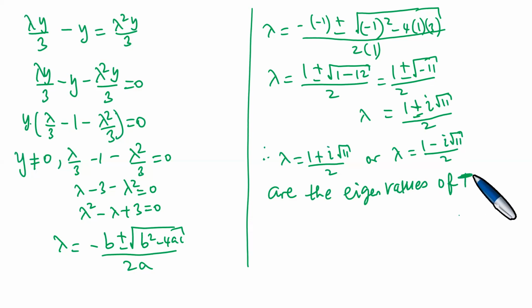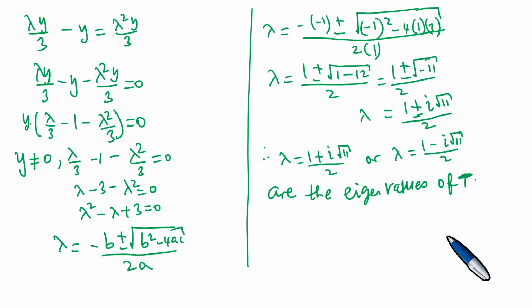If these are the eigenvalues of T, what then are the eigenvectors of T? Let's proceed to find the eigenvectors of T. There are a couple of ways we can use to find them.